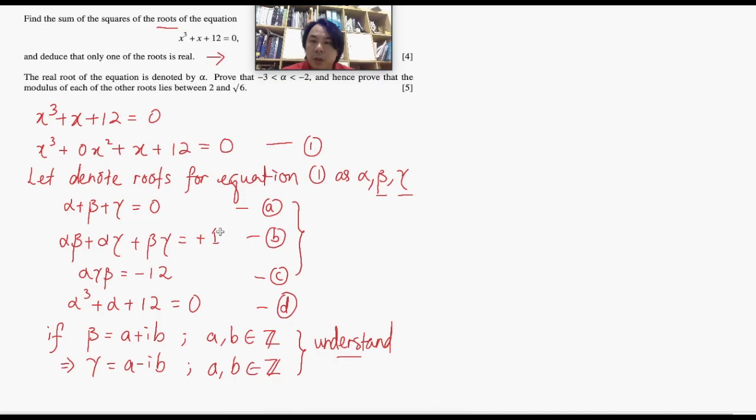First of all, we are going to find the sum of squares of the roots. Let's see whether that is helpful to us in this case. So the sum of the squares would be alpha squared plus this, which is generally the same as this one here.